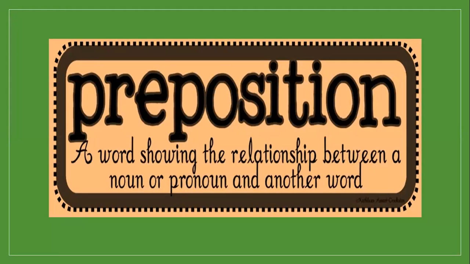That position can be in terms of time, place, or location. But you have to make sure what the relationship is between the noun or the pronoun and any other word in the sentence. This is what you have to tell when you are telling a preposition.